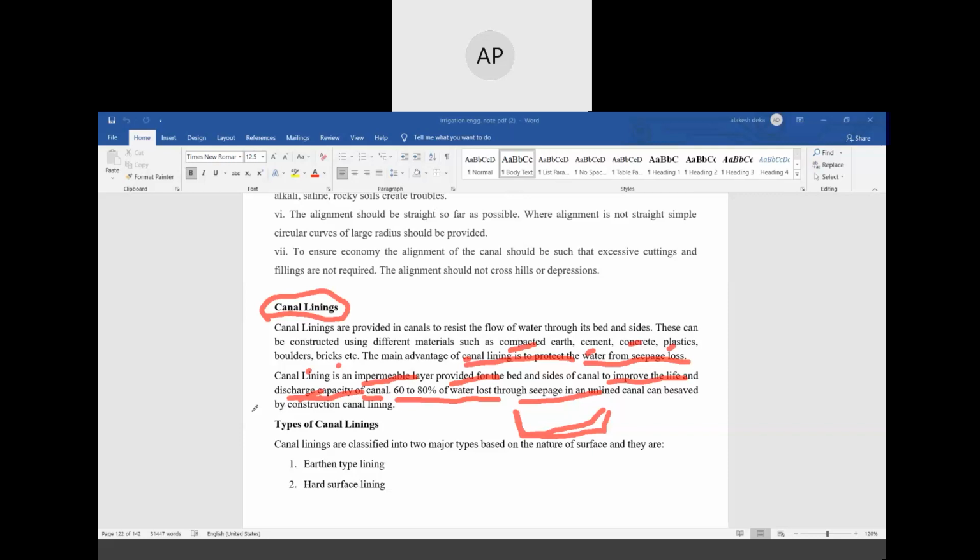The canal can be shaped by constructing canal lining. So that is your canal lining. That means some impermeable layer or coating is provided on the canal sides and bed to prevent water loss. So there are different types of canal lining.